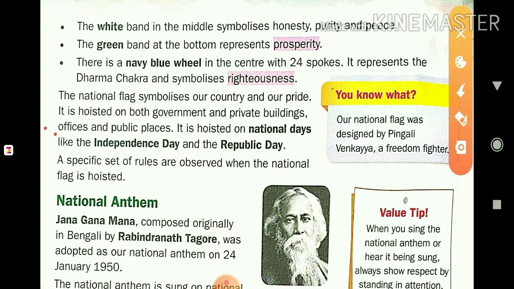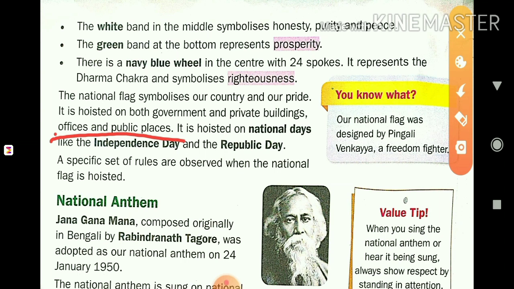It is hoisted on both government and private buildings, offices and public places. So when our national day is there, at that time we hoist the national flag on government and private buildings, offices and public places.